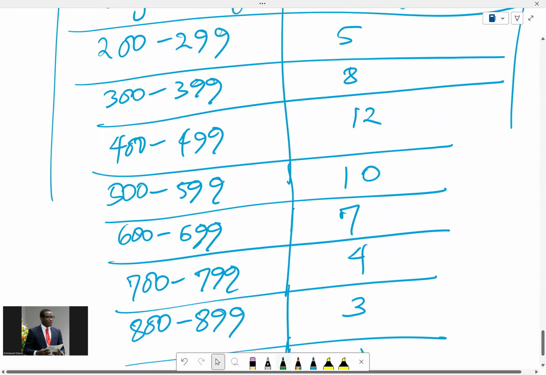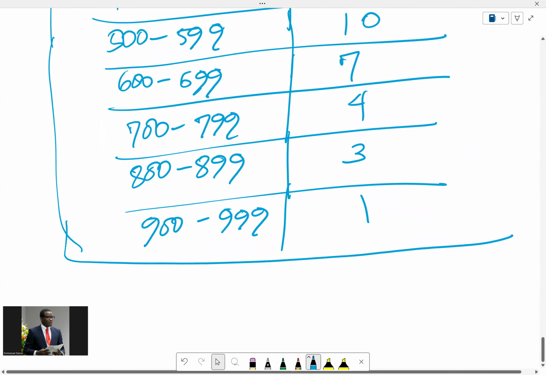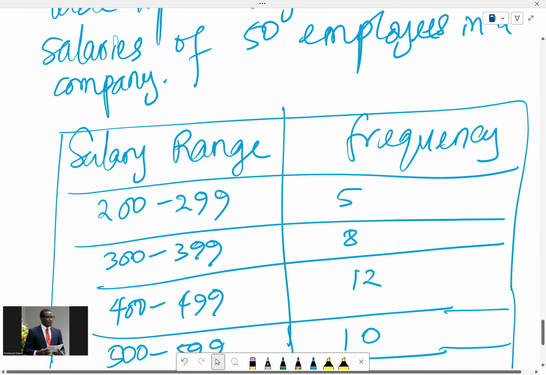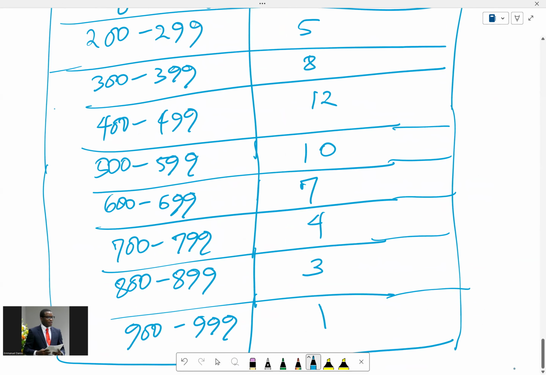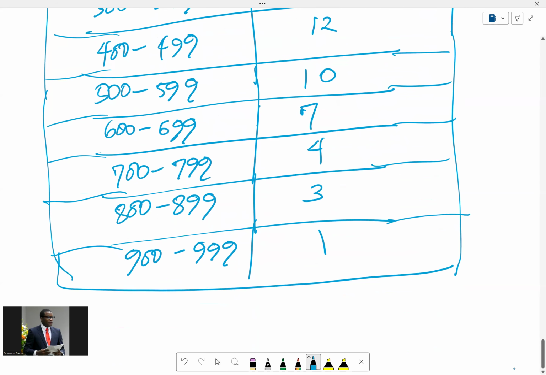So we have this. Okay. So this is grouped data, right? Of course, as usual, we don't know if there's an outlier, right?